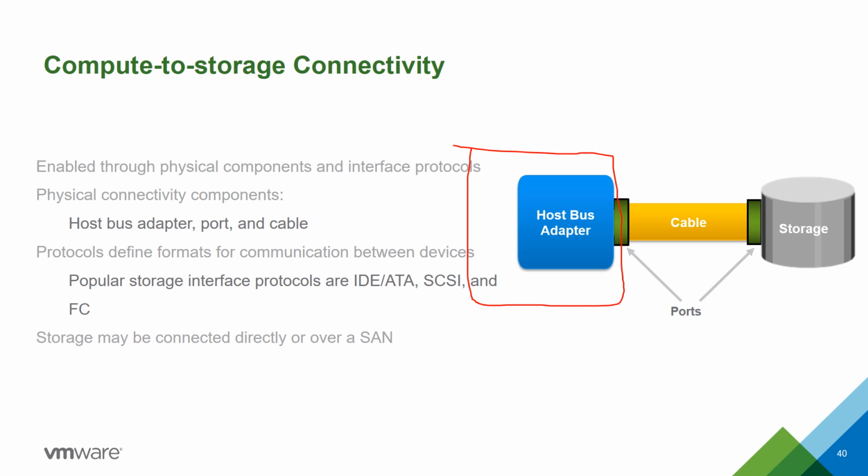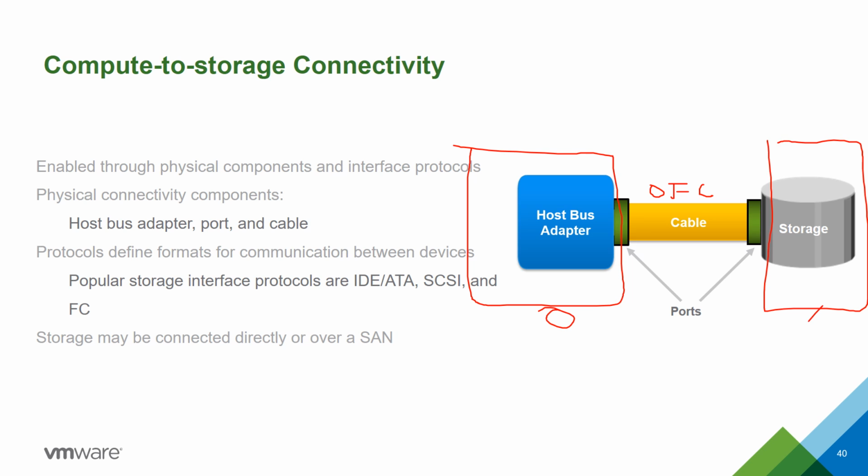Okay, so imagine this as a compute system. You have this host bus adapter. It's a networking device which has a port. If this is a fiber channel host bus adapter, this port is a fiber channel port, and the cable we use over here is OFC, optical fiber cable.